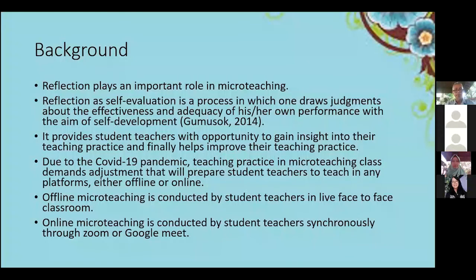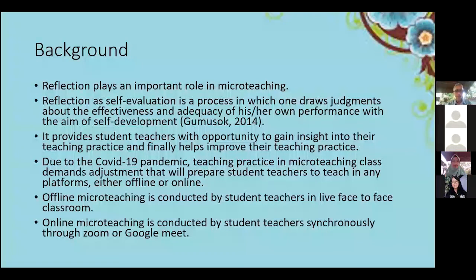As we know that micro-teaching class is also prepared for the students to have a teaching internship in the real schools, in which the time for conducting teaching internship is still in pandemic situation. So the students also have the ability to conduct offline and also online teaching practice.